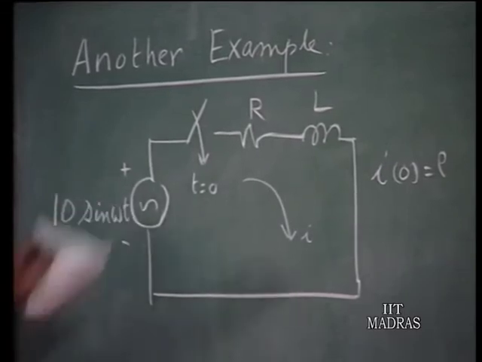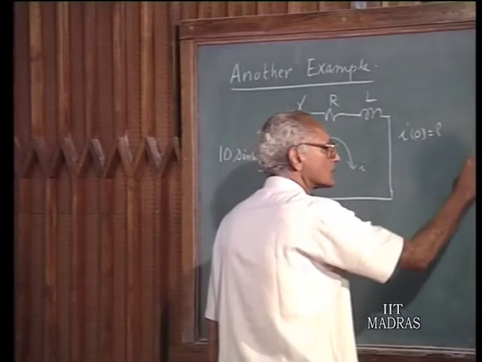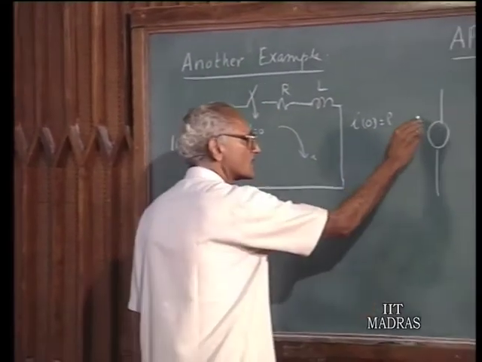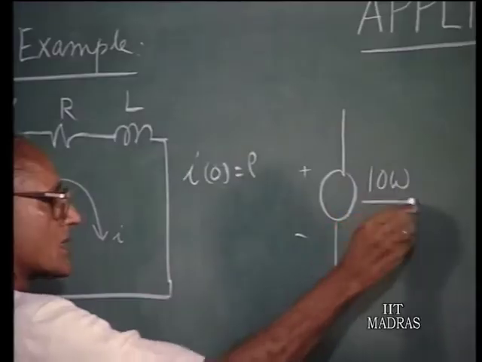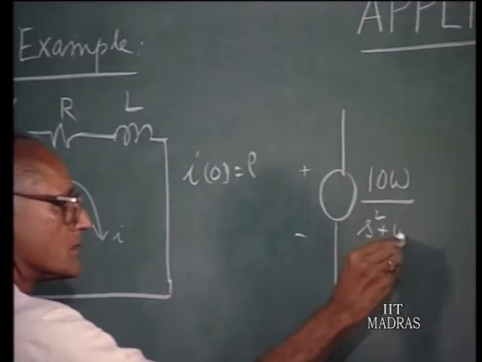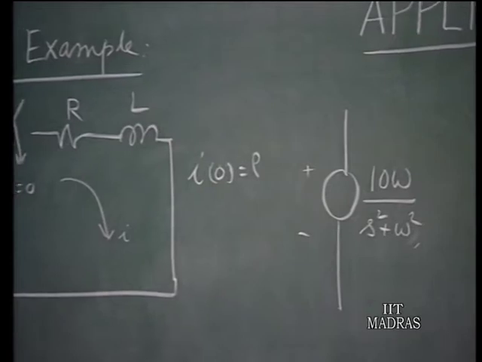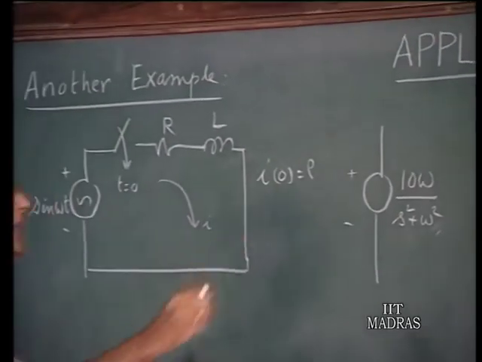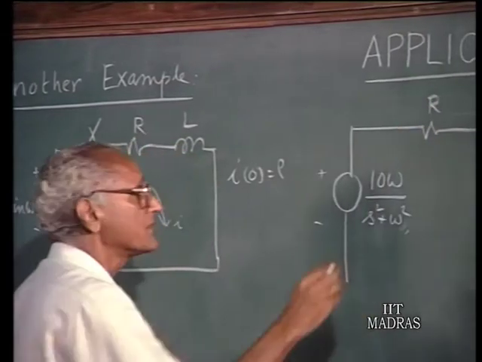So, we make the transform diagram for this. The voltage source has a transform 10 omega over s squared plus omega squared. That is the Laplace transform of 10 sin omega t. And you have a resistance R, that is the generalized impedance of this.